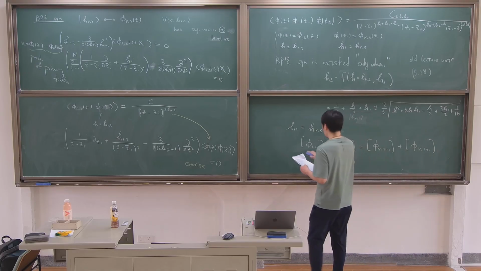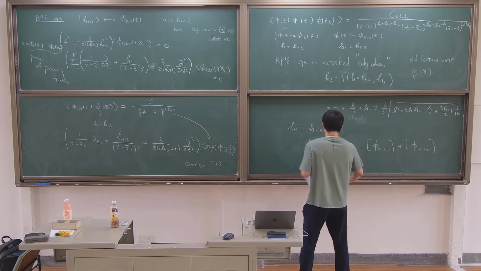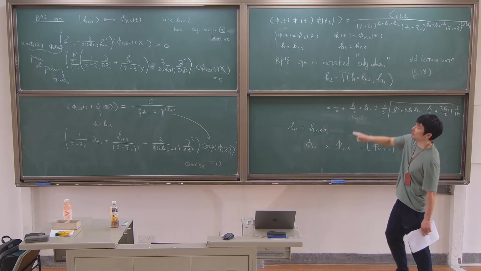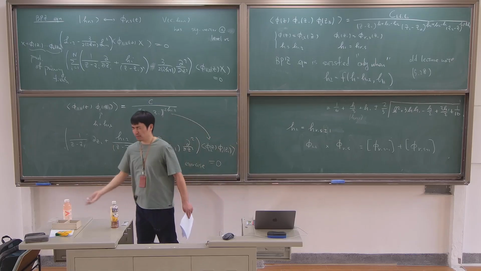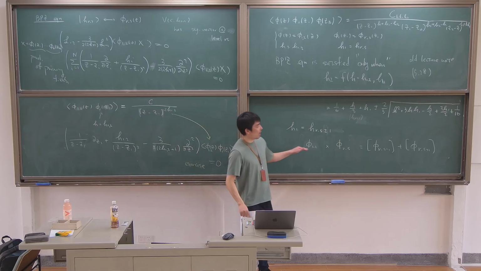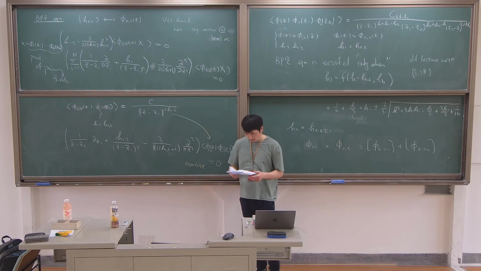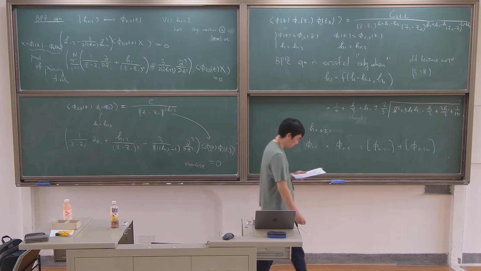So the OPE between some primary field with a particular conformal weight, given by solving the Kac determinant equal to 0, will give you another primary field that satisfies some particular condition.